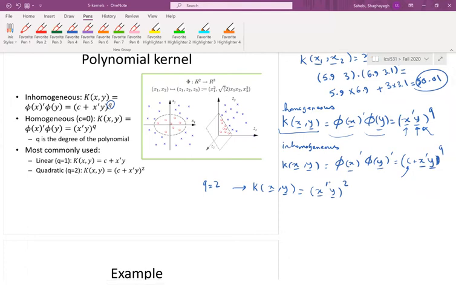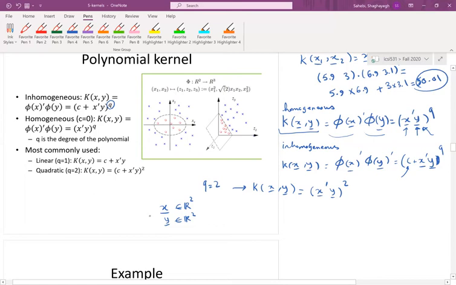So suppose that I am having my X and Y in a two-dimensional space, right? Suppose that X belongs to R squared, Y is also belonging to R squared.